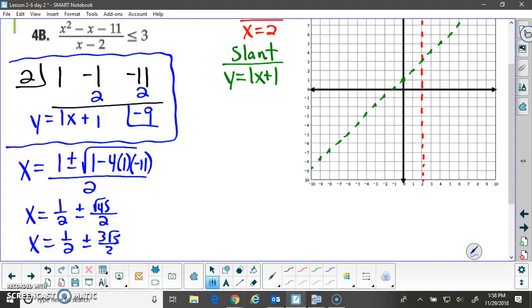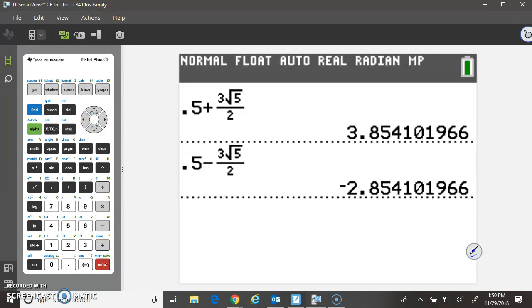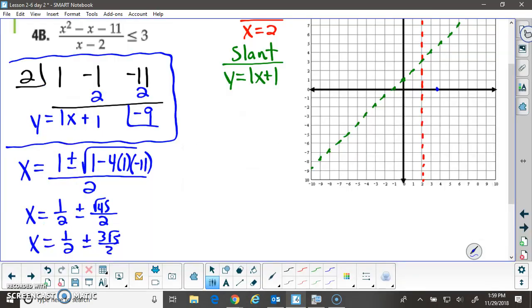So in my graph, I'm going to plot an x-intercept at about 3.8, about right here. And then if I find the other x-intercept, just type in the same thing, but I need to have a minus sign right here. And that would give me about negative 2.85. So that's going to be about right there.